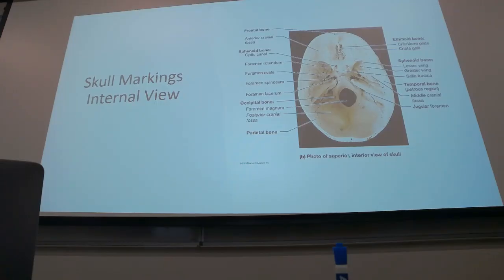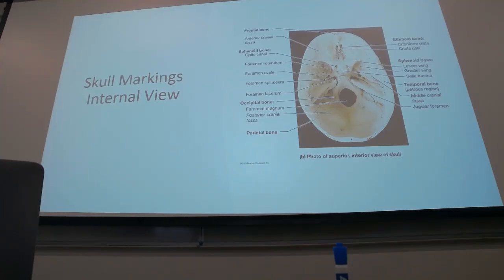And then on the sides here of the cock's comb, the crista galli, you have the plate of the ethmoid that is called the cribriform plate, through which you have the passage of cranial nerve number 1.